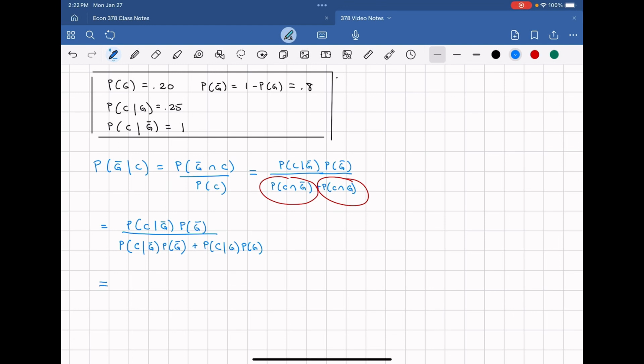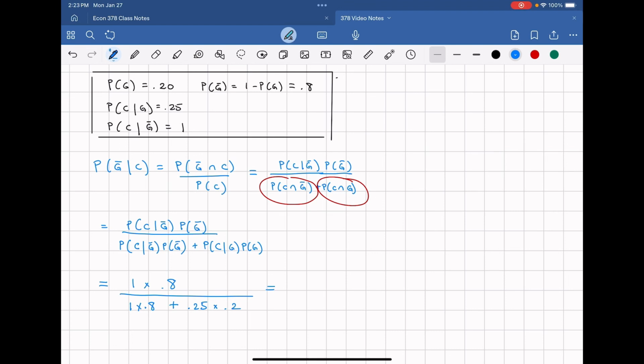So the probability they get it correct given they didn't guess is 1 times the probability you didn't guess, which is 0.8, divided by, and there again, we get that 1 times 0.8 plus the probability to get it correct, given that you guess, is 0.25 times the probability that you guessed, which is 0.2.